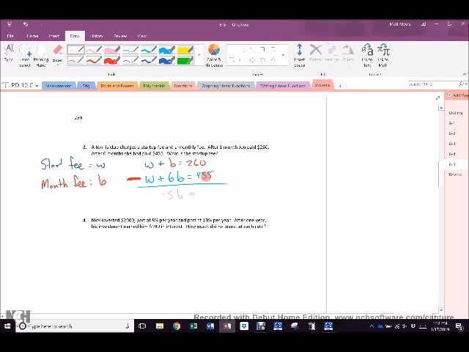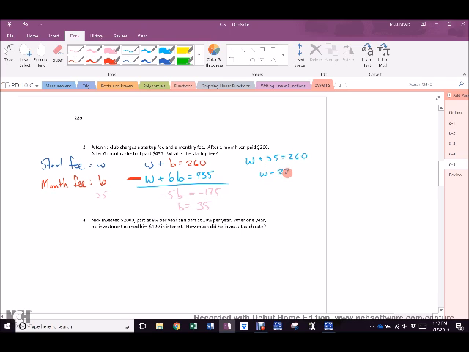260 minus 435 is what? Negative 175, which means B equals 35. So my monthly fee is 35. What is my startup fee? W plus 35 equals 260.